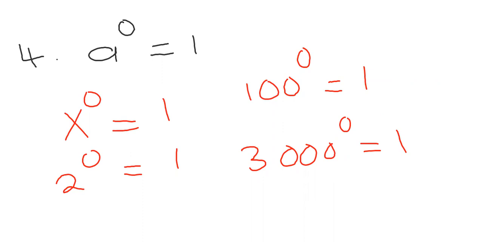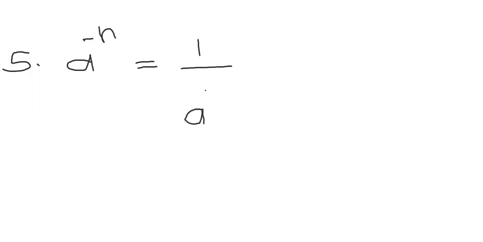Then let's go to rule number 5. Rule number 5 says, if you have a negative index, or an index that has a negative power, you're going to get 1 over a to the power n.